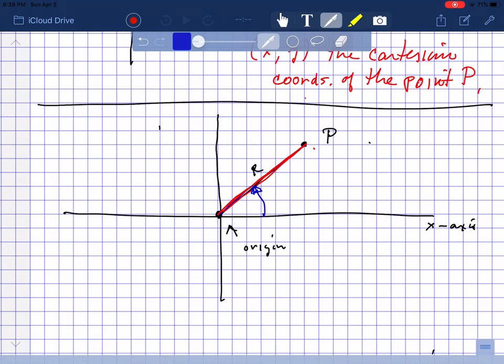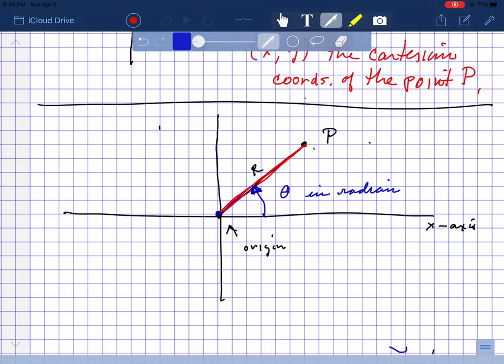So I'm going to look at the angle between the x-axis and the radial line that connects P with the origin. And I'm going to call this angle theta. And here I'm measuring theta in radians. Now, here's the thing.